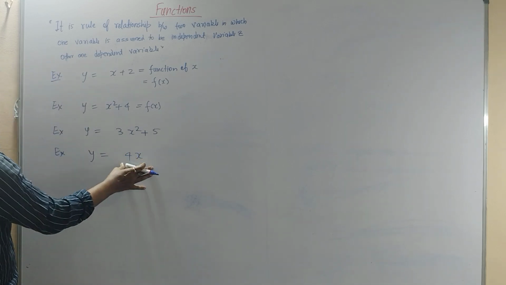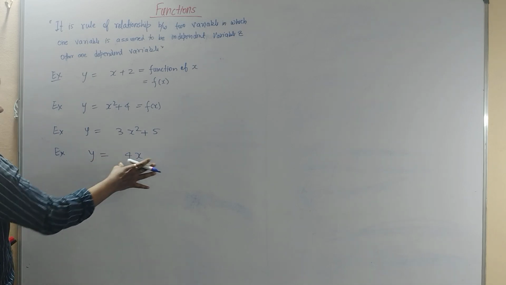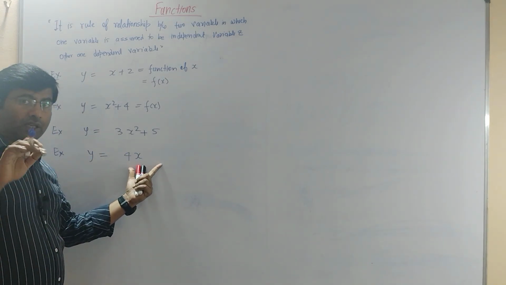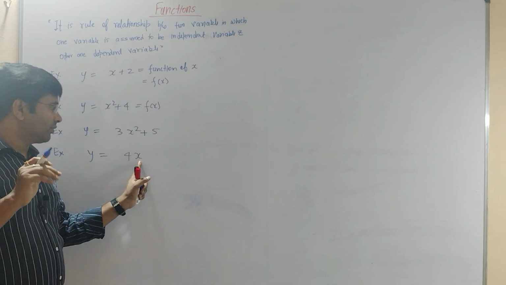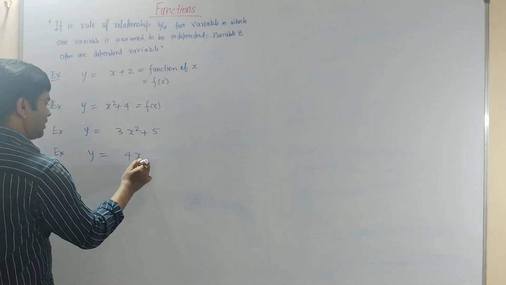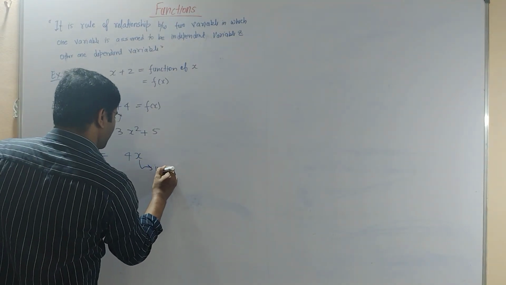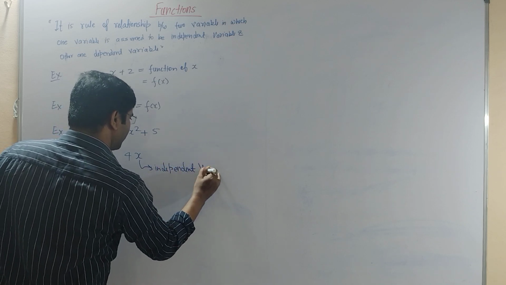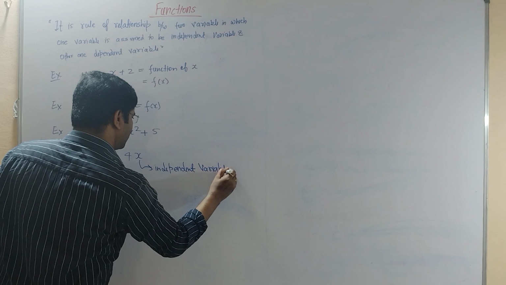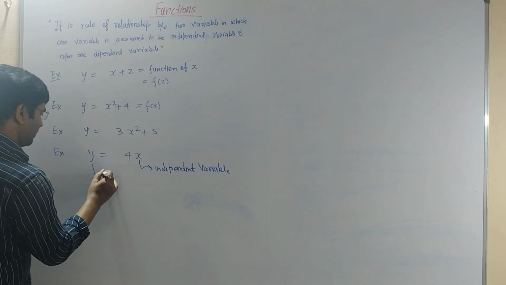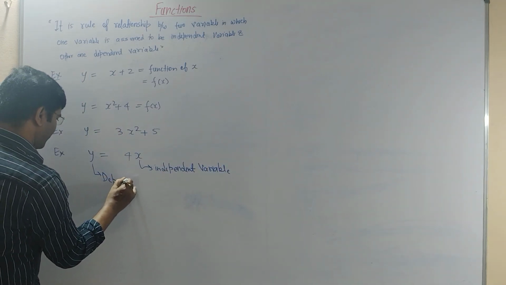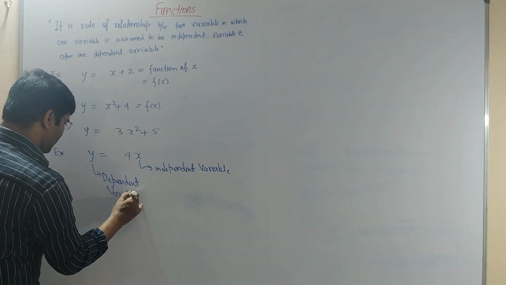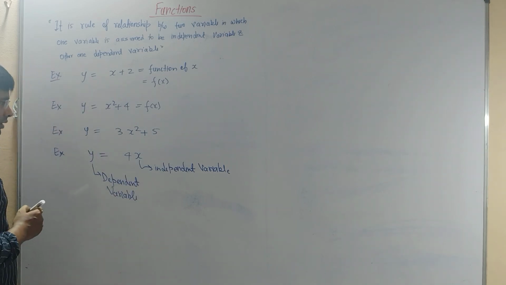So we can write y as something which depends upon x. X is the independent variable. For x you can put anything. So this is known as the independent variable, and this one is known as the dependent variable. So this is how it is defined.